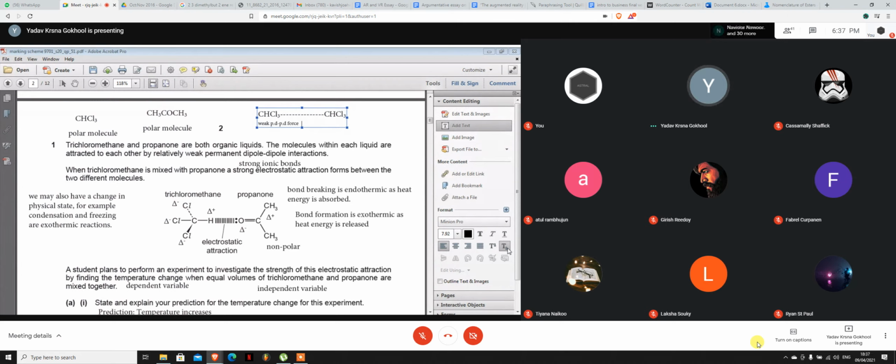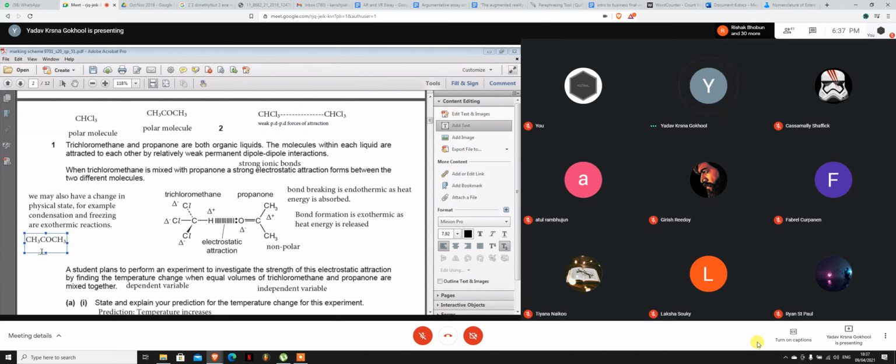And again, if I put it over here, if I have CH3, CO, CH3, again same, we have the weak permanent dipole forces of attraction. This is present within the molecules.